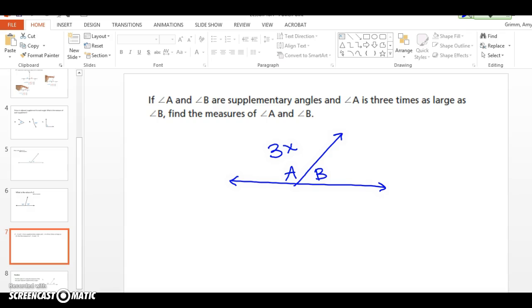Okay, so now I have, what do I put in B? If A is 3 times as large as B, what do I put in B? What would that make B? No, not the angle. What would it be for the algebra?